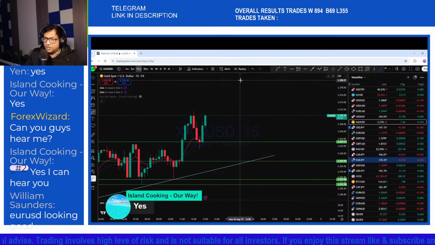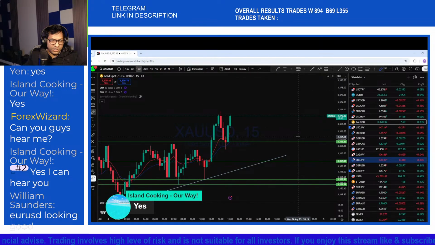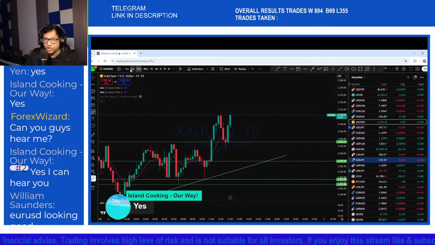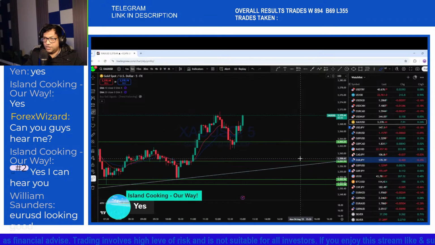On the 15 minutes and the 30 minutes, in all time frames, it's in a bullish trend, and we may see the market continuing that bullish market structure.